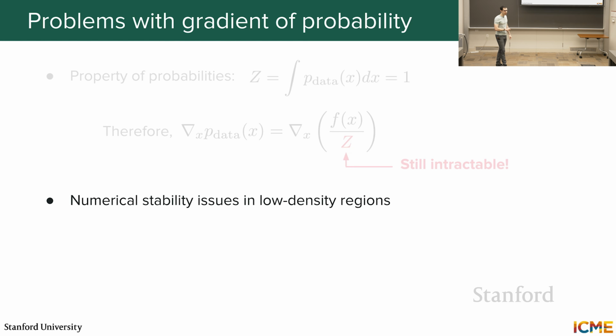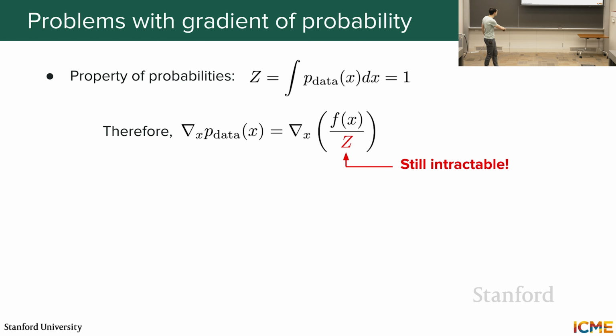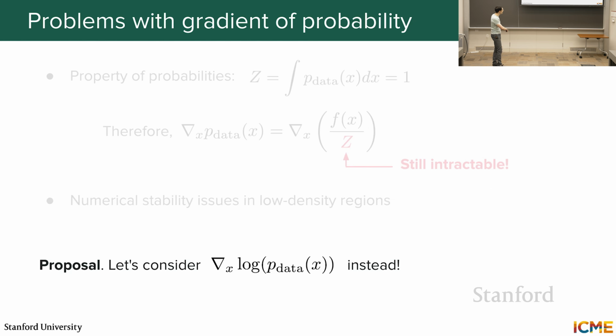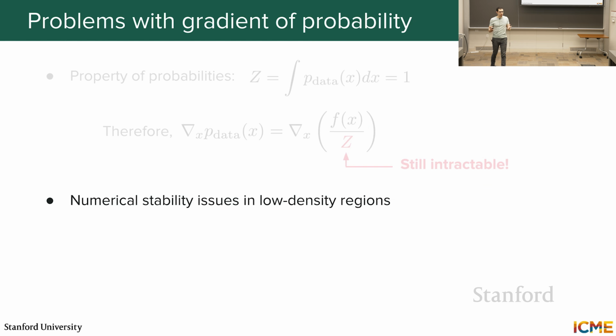The second reason is different compared to the first one, and is due to the fact that the probability density function can take very low values in certain regions of the space where there are very few data. So let's suppose, let's say you have a point here, then the probability would be very small. And so this can cause some numerical stability issues.